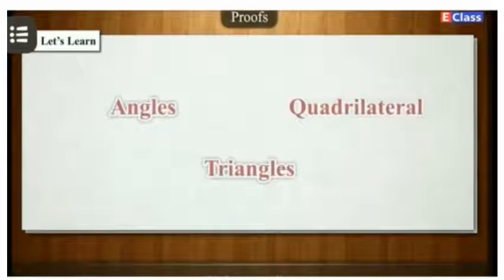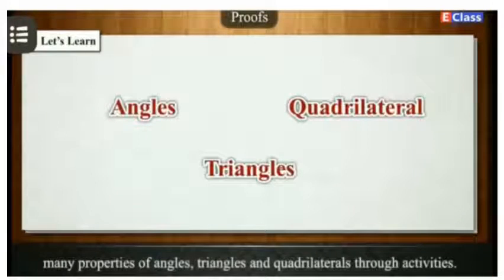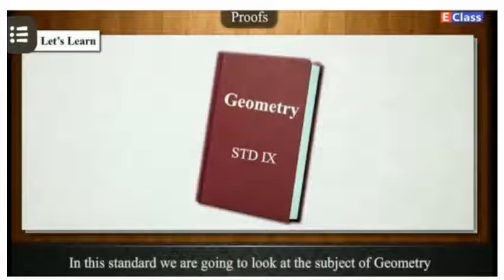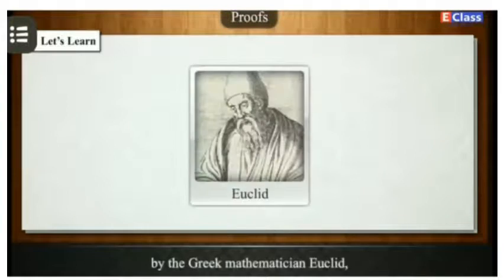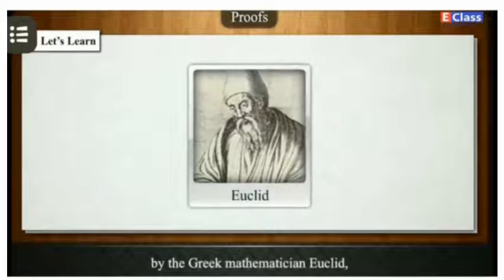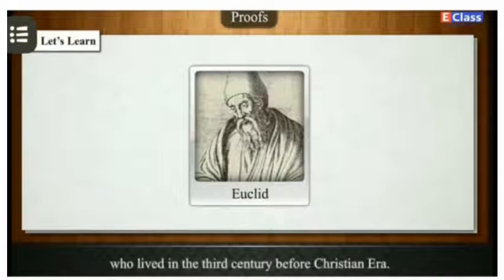Proofs. Let's learn. We have studied many properties of angles, triangles, and quadrilaterals through activities. In this standard, we are going to look at the subject of geometry with a different point of view, which was originated by the Greek mathematician Euclid, who lived in the 3rd century before the Christian era.